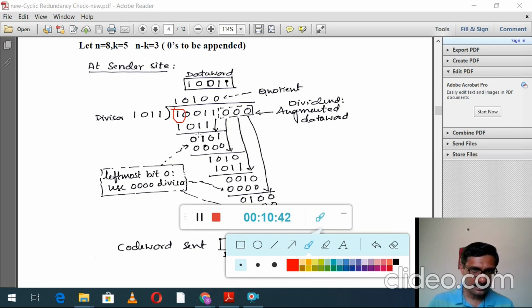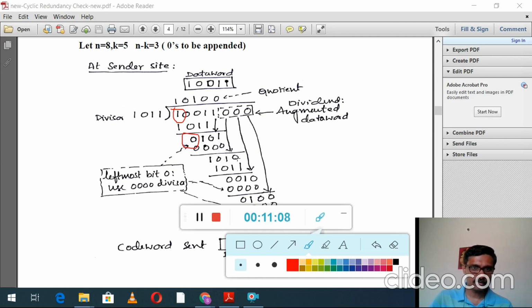Now again, the leftmost bit is 0, so you have to take 0, 0, 0, 0 as the divisor and perform the XOR operation. So 1 XOR 0 is 1, 0 XOR 0 is 0, 1 XOR 0 is 1.